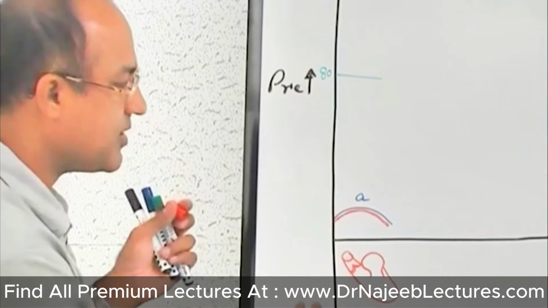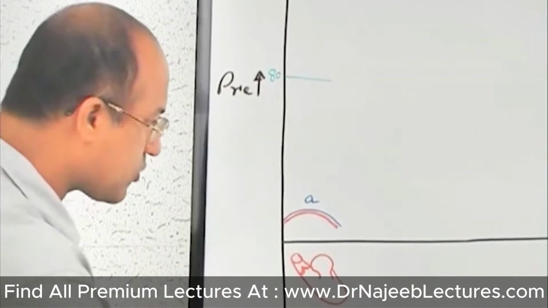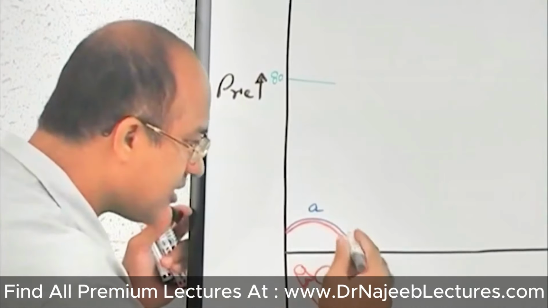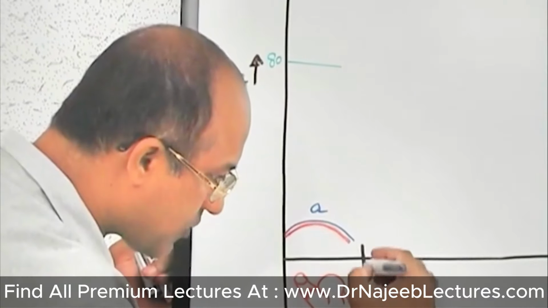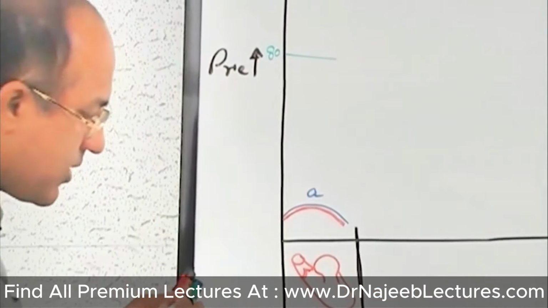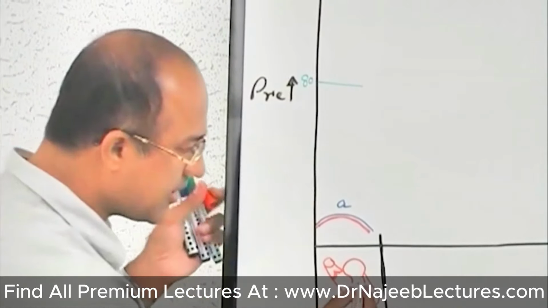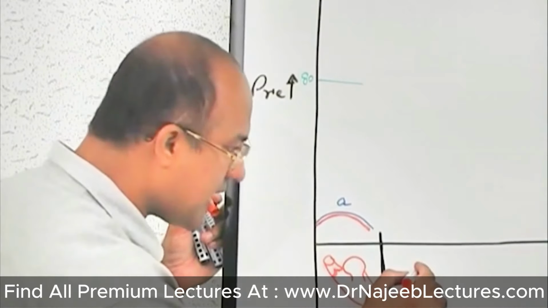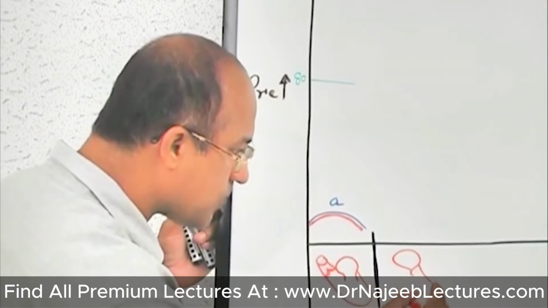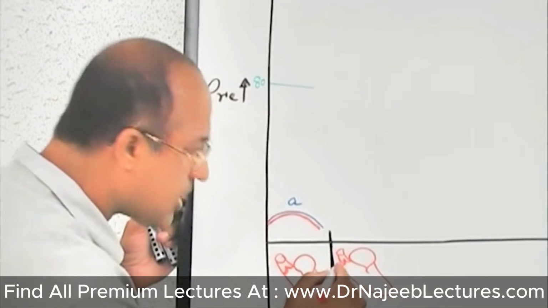Now what happens in the next phase? What is the next phase? Yes, please. The onset of ventricular contraction. And as soon as the ventricle starts contracting, you remember the mitral valve closes, and now the ventricle has to pump as a closed chamber.